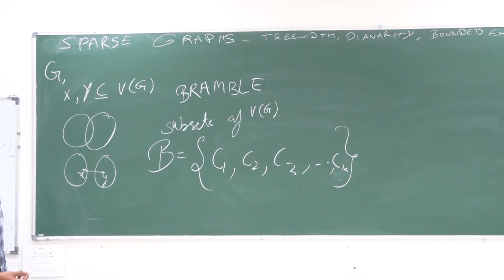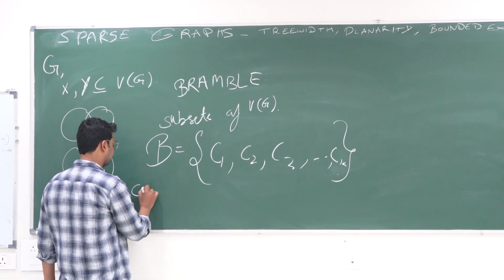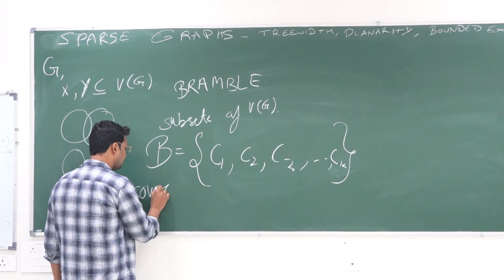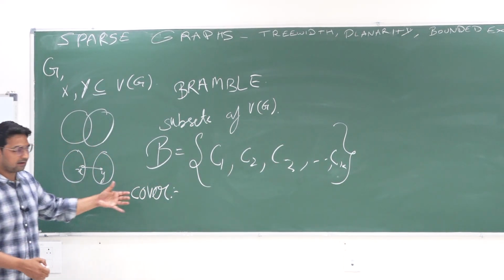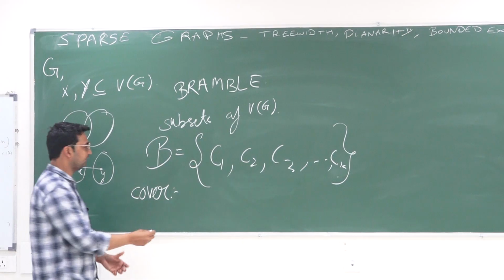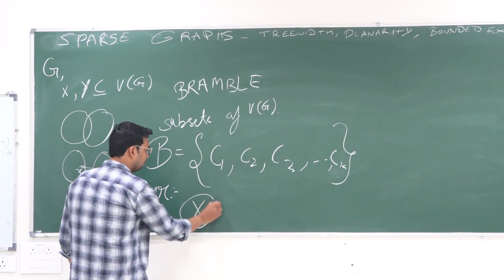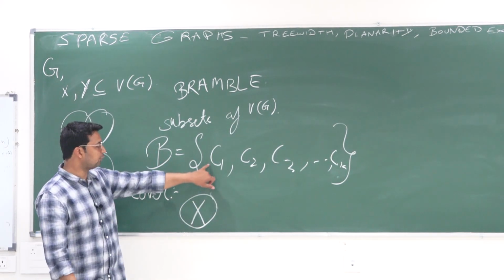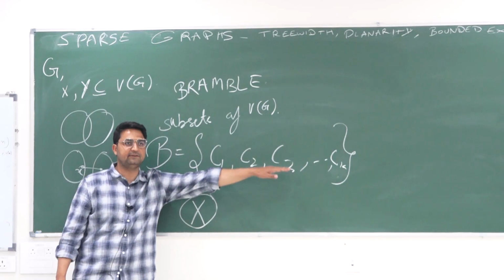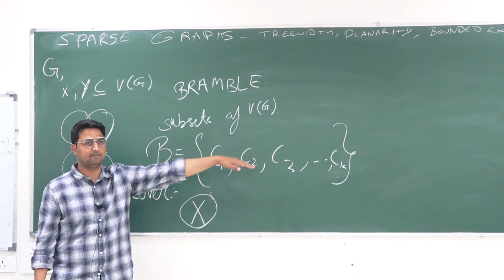And next thing is we have a cover of a bramble. This is very intuitive. A cover is a subset of vertices of my graph such that it has a non-empty intersection with each of these components of my bramble.